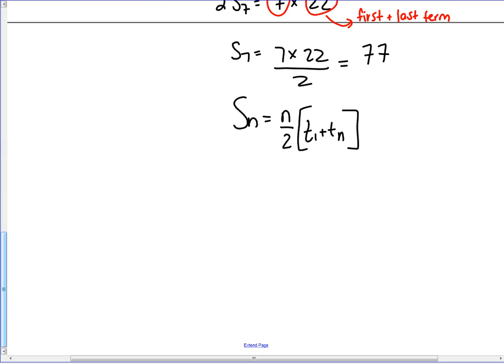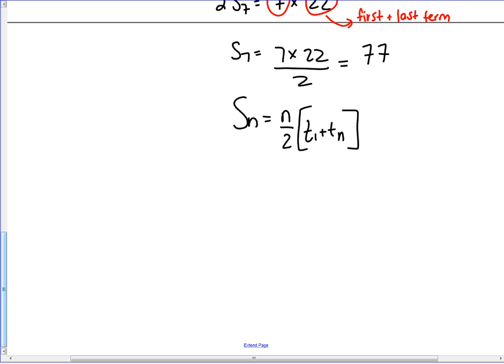So this is n over 2, and then the 22 was the first plus the last. There it is, it just derived. Done. We made a formula. We are amazing. Great. And you go home today and be like, I made a formula today.